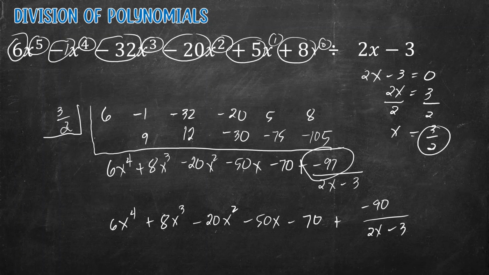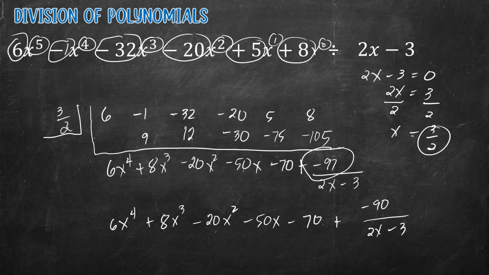Okay, so as you notice, si 6, 8, negative 20, negative 50, negative 70 are all divisible by 2. So, pwede pa tayong simplify pa or pwede pa natin paliitin yung sagot natin by dividing it by 2.